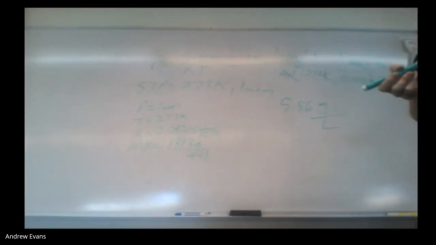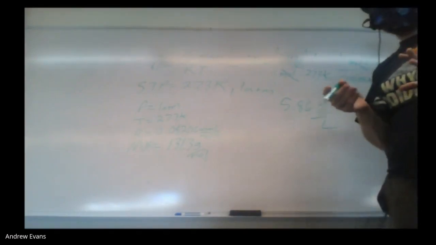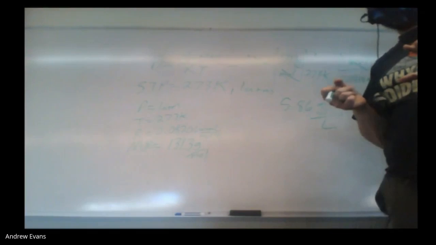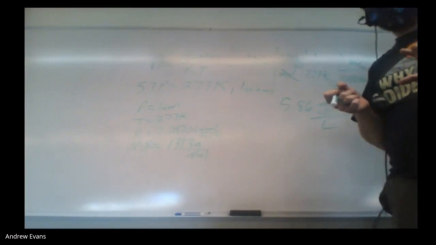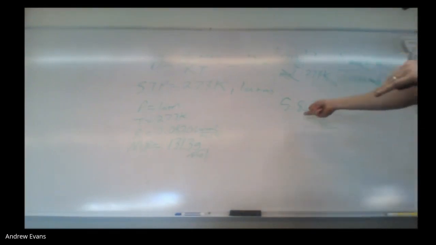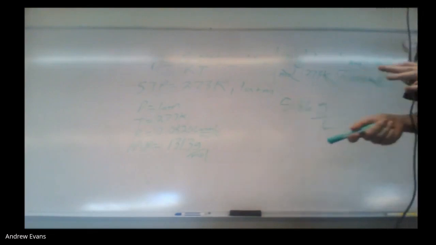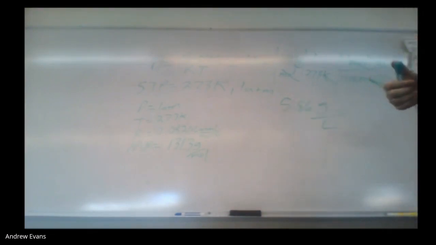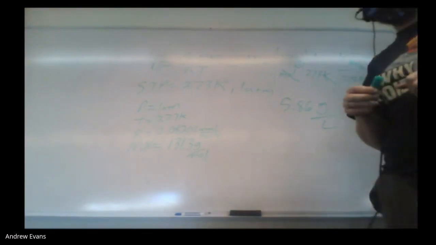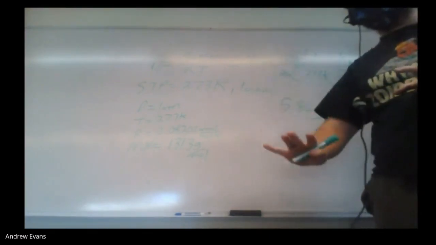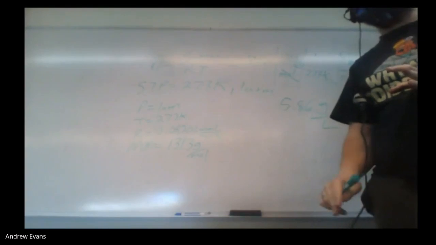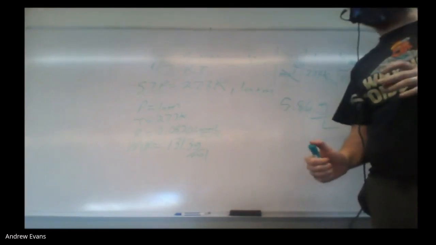Remember, water is 1 gram per milliliter. So even though this is a big number, this number is still lighter than water. If I spilled some xenon in here, it would sink to the floor, but it would float over water.